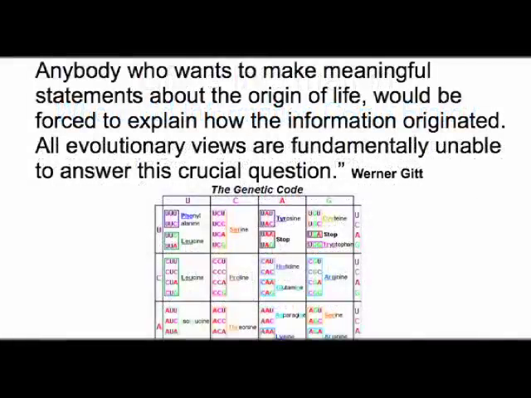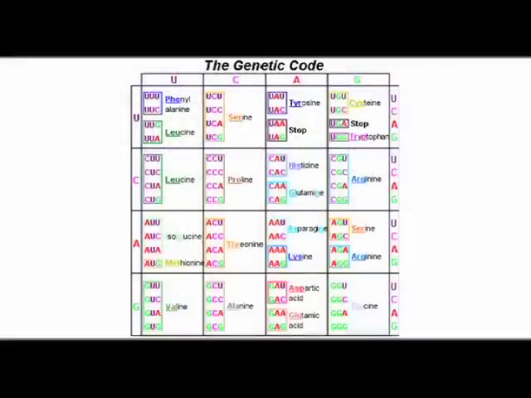Anyone who wants to make a meaningful statement about the origin of life would be forced to explain how the information originated. All evolutionary views are fundamentally unable to answer this crucial question, including the chemical evolution of life. And so what you see here is a table of the genetic code, of codons, the three-letter codes that identify a particular amino acid for a sequence in a polypeptide chain as part of a protein molecule.